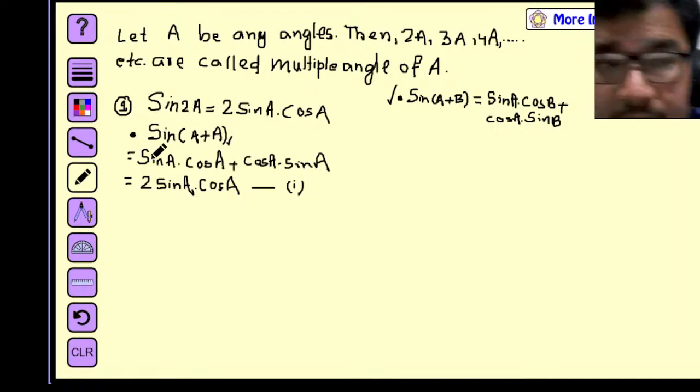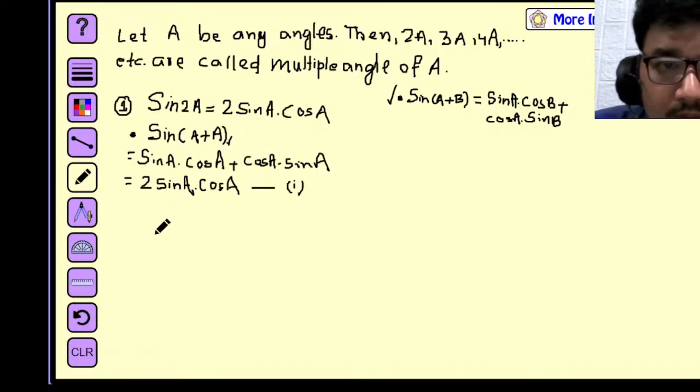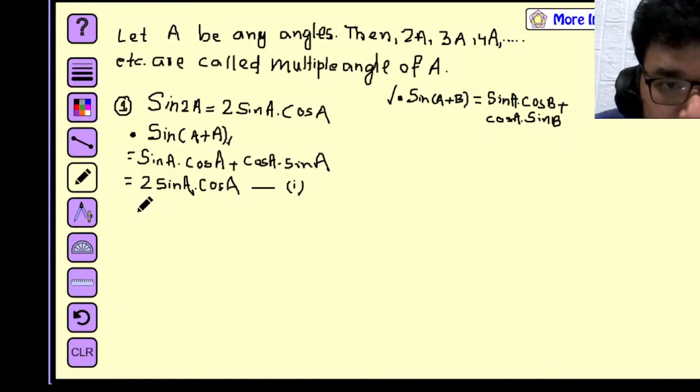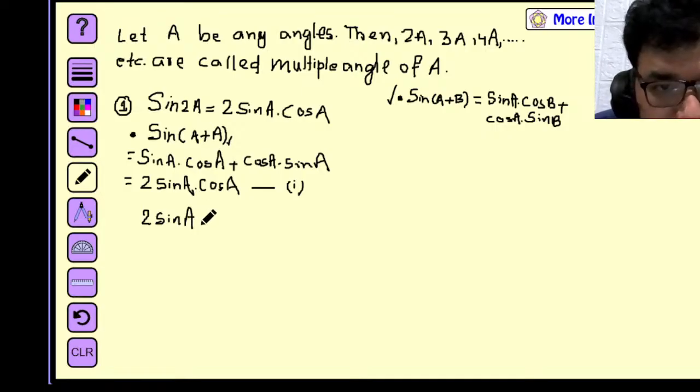Now, number two. When we divide this, we know this relation. The first I have written here: 2 sine A into, here is given cos A. 2 sine A cos A, right?